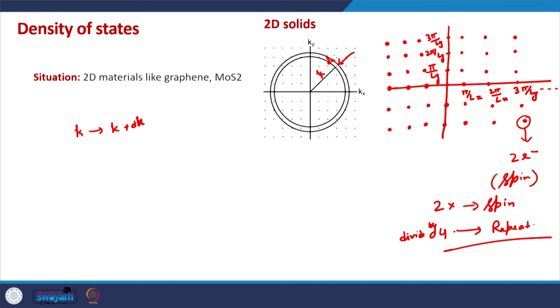In this ring in the k plane, we will see how many distinct electronic states exist, which will give us the number of electronic states in the energy range E to E plus dE. The electronic states corresponding to the range k to k plus dk will also correspond to the energy range from E to E plus dE, and that is how we will do this calculation.